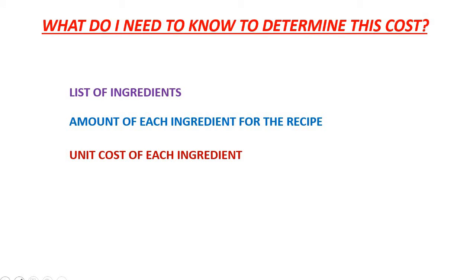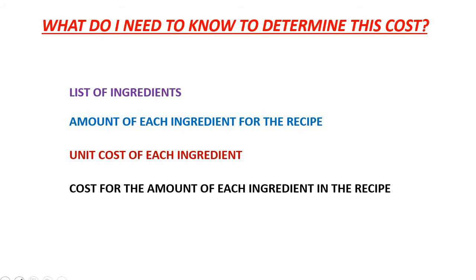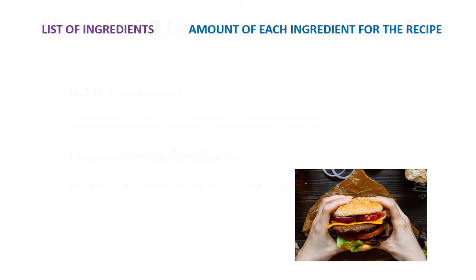I need to determine a unit cost for each ingredient so that I can determine the total cost for each ingredient within that recipe. Those are the things that I need to know for me to be able to figure out how much money am I paying for the ingredients in this recipe. Okay? So let's start right off the bat with our list of ingredients.